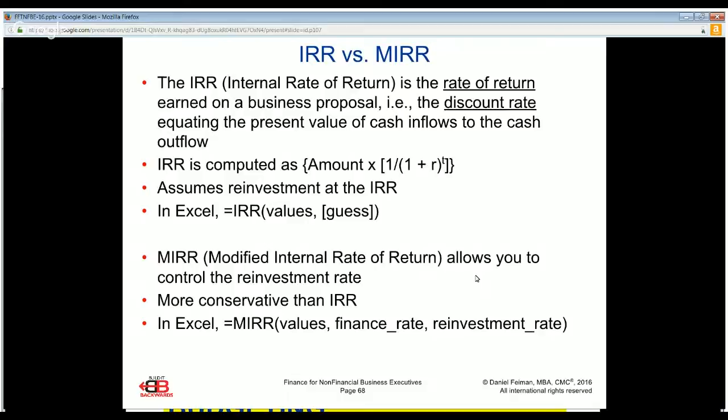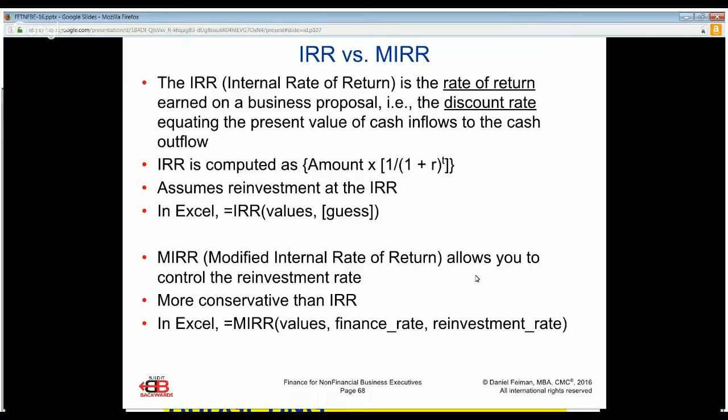Cash flow coming in year two gets reinvested for 18, etc. The higher the internal rate of return, the higher the risk to us, because we have to go into the marketplace and find other projects of the same rate to invest in. The higher the rate, the less practical that is. The less practical that is, the more risk inherent. That's the problem with IRR.